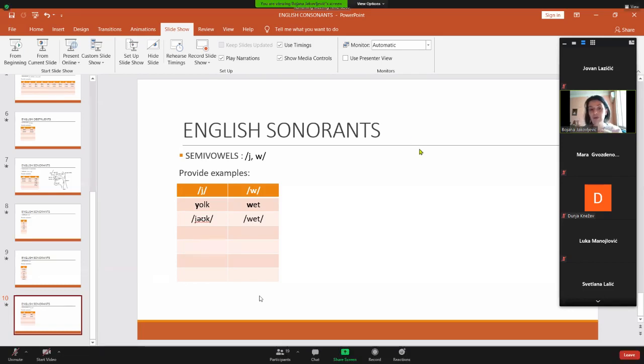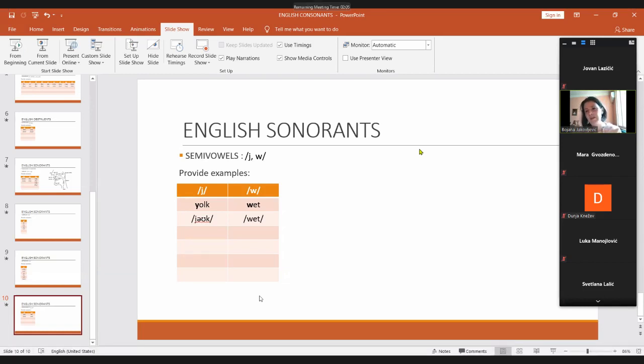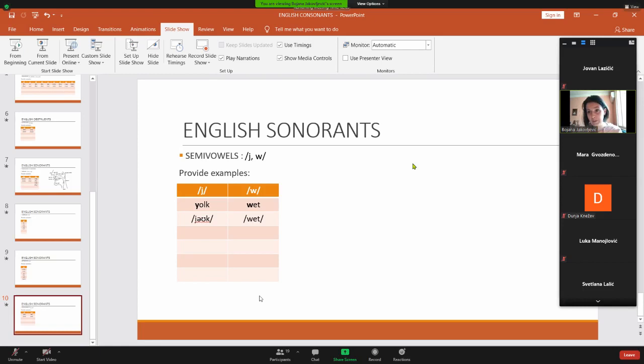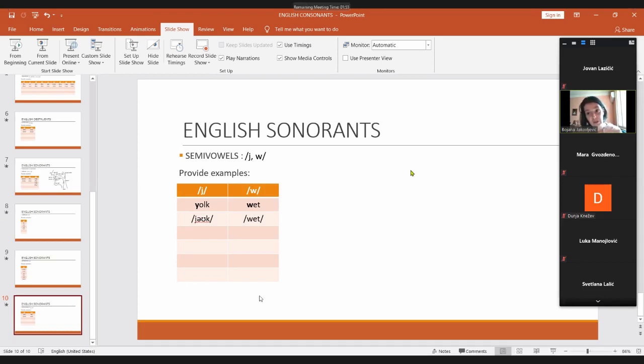You need to know the symbols and go through examples. You have a large number of examples. Next time, we will be talking about vowels, which are a bit more complicated. We have both monophthongs, but you also have diphthongs, which are complex vowels like A-I, O-I, and so on. So that will be for the next time. And then we start practicing.